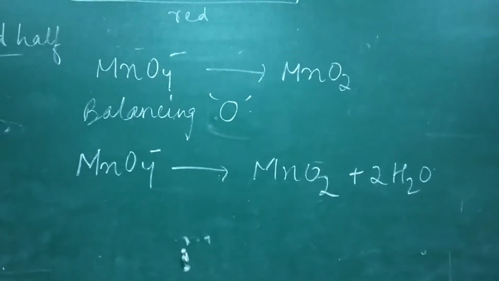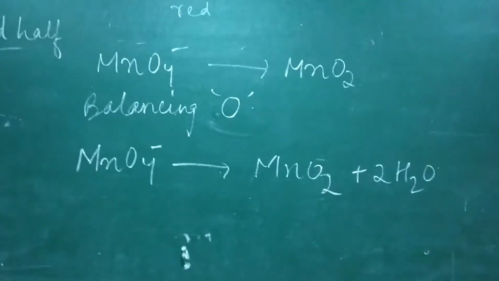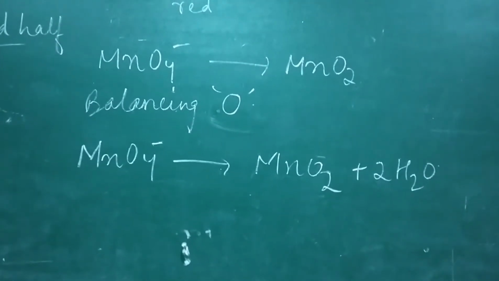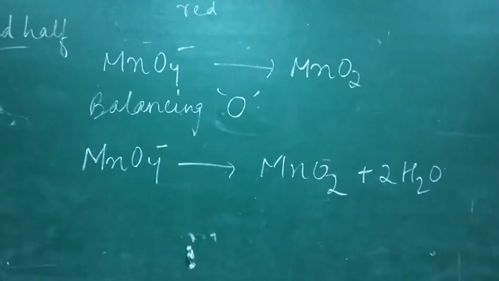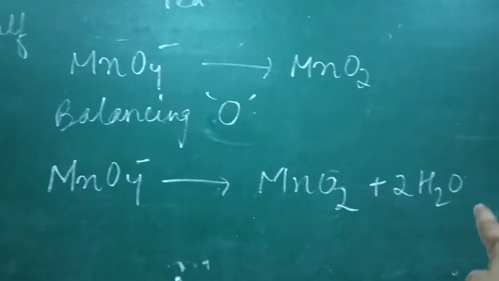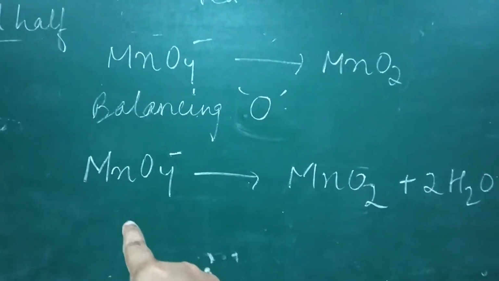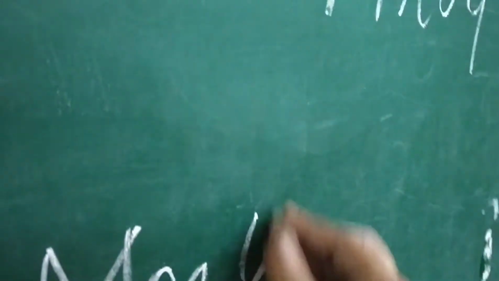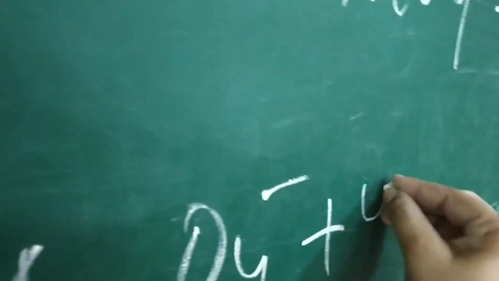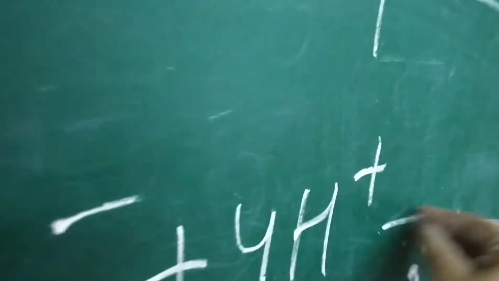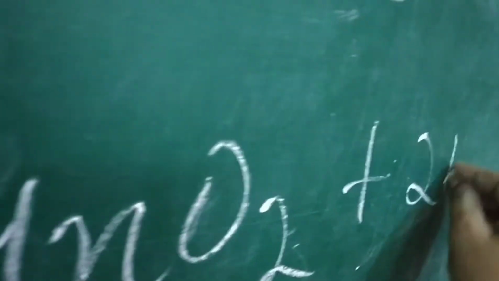So next we have to balance the hydrogen atoms. We will balance the hydrogen atoms with the help of hydrogen ion, H plus ion. So there are 4 hydrogen atoms on the product side. So we have to add 4 H plus ions on the reactant side. So we will write MnO4 minus plus 4H plus giving MnO2 plus 2H2O.